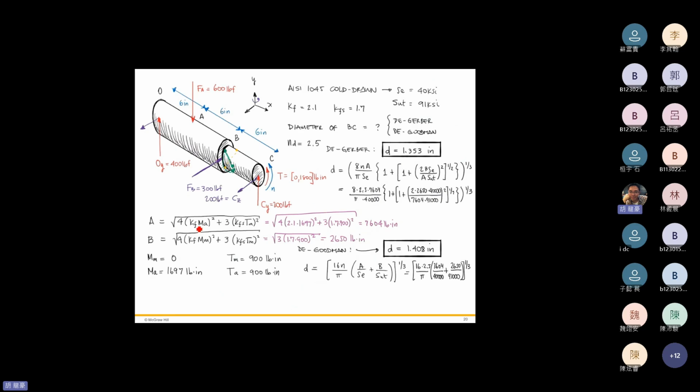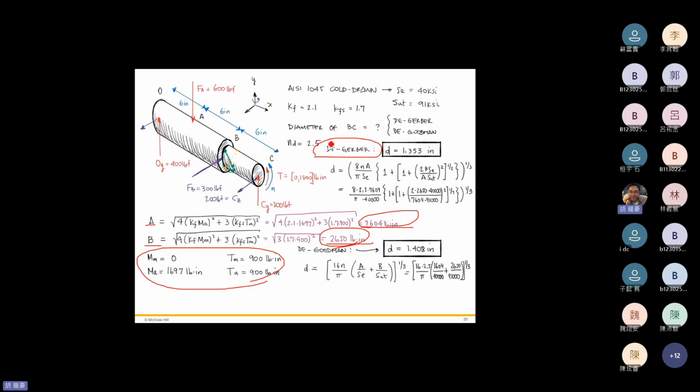Okay, so we can get the value of the parameter A and the value of the parameter B. And we know those mean moments, mean torque, alternating moments and alternating torque, and plug those values into the DE Gerber criteria, and the diameter can be figured out.